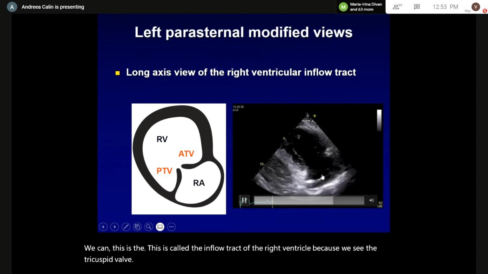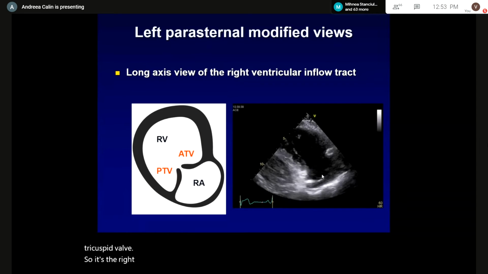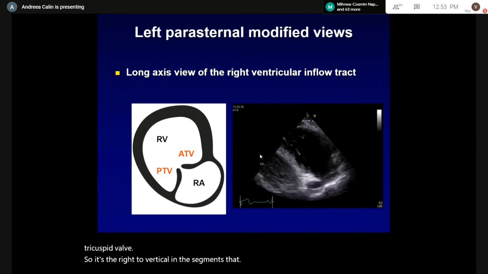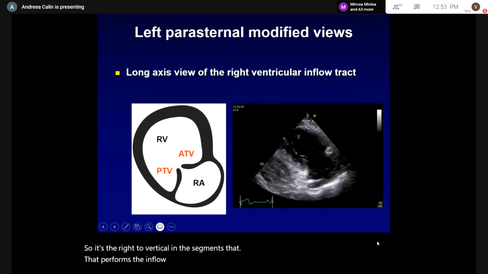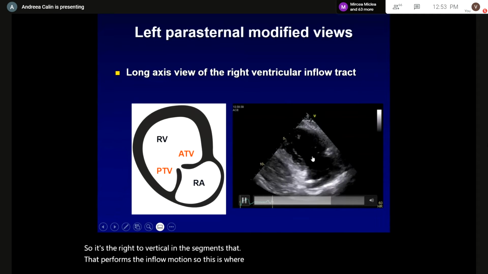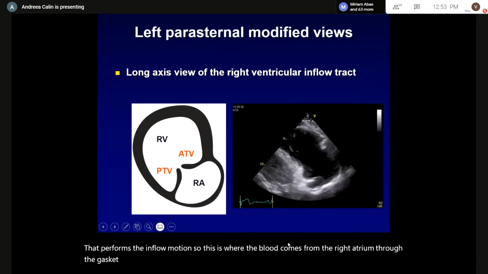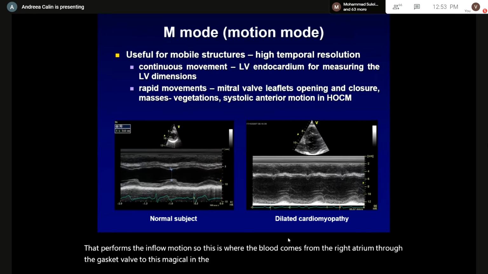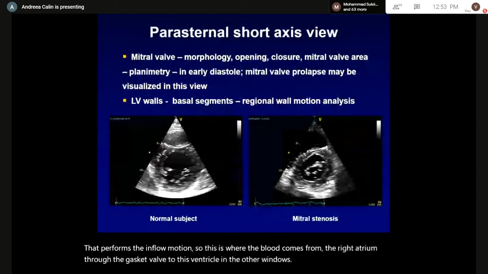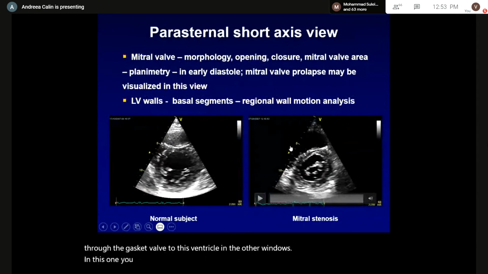So it's the right ventricle in the segments that performs the inflow motion. So this is where the blood comes from the right atrium through the tricuspid valve to this ventricle. In the other windows, in this one, you can estimate the right ventricular outflow tract.